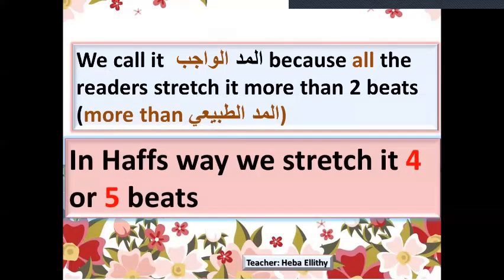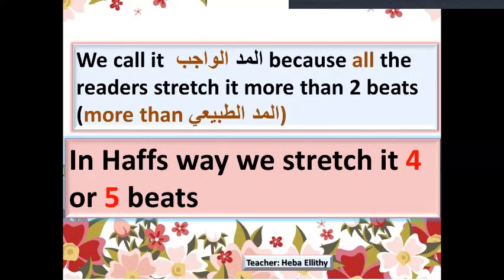In Hafs way, the one we study, we stretch it 4 or 5 beats. Both of them is right, but if I start reading with 4 beats from the beginning, I should continue all my reading in المد المتصل 4 beats. If I start 5 beats from the beginning, I should continue all my reading on that time 5 beats.